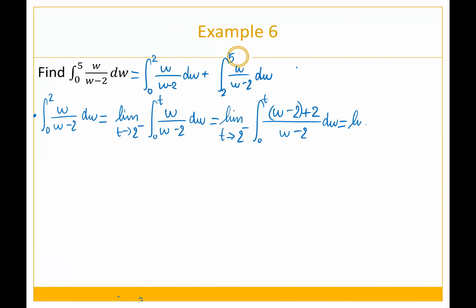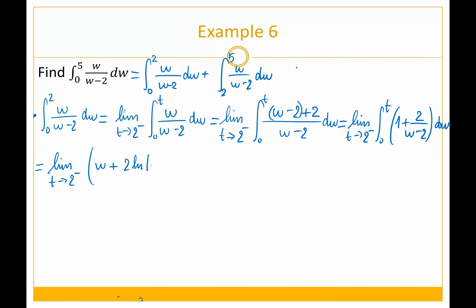What you have right now is 1, because this divided by this is 1, plus 2 over w minus 2 dw. And now it's way easier to find the integral. It's going to be w plus 2 ln of the absolute value of w minus 2, from 0 to t.